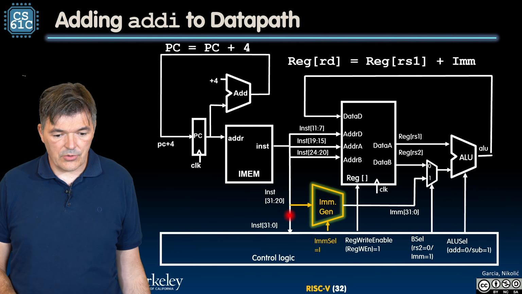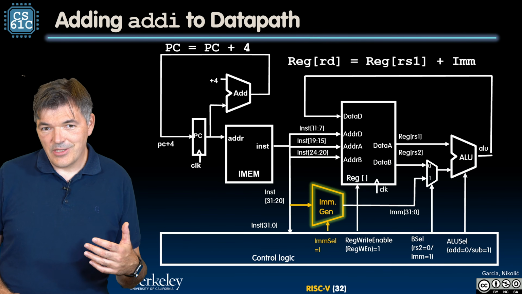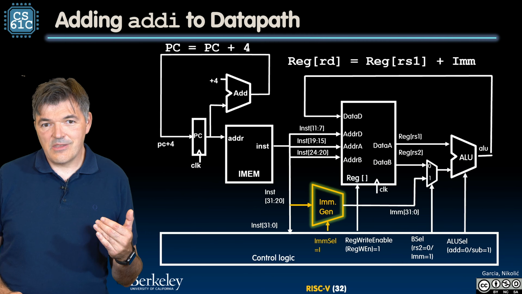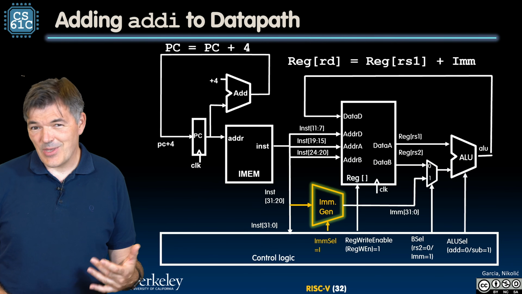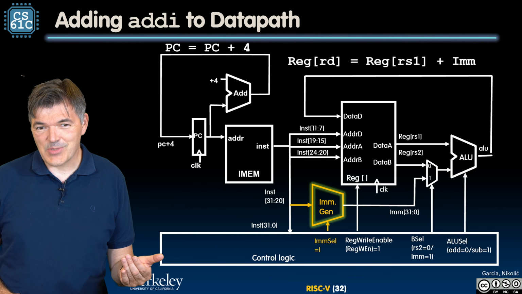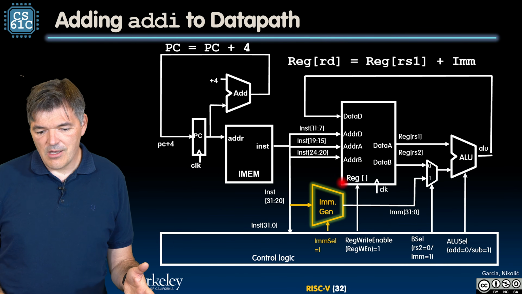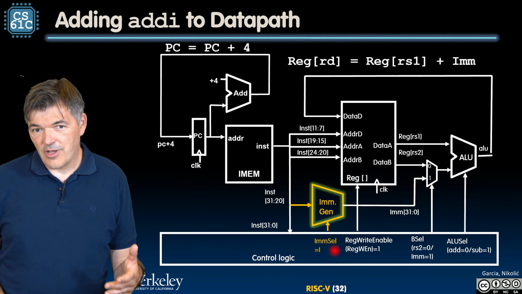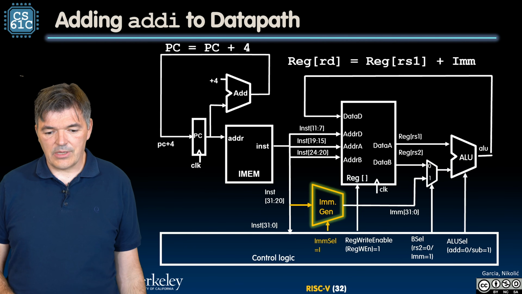It'll be controlled by this immediate select. What we'll find out a little later is that we will see different types of immediates. Remember, different instruction types have different encodings for the immediates, so we would like to reuse that block. So we'll say, make us an immediate of an I type this time. But we'll see that a bit later.